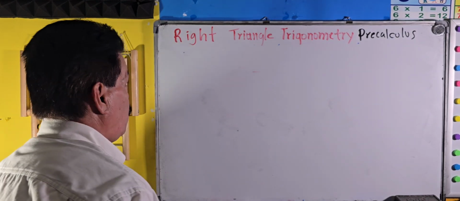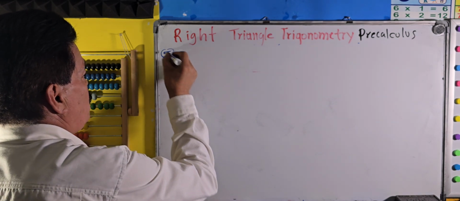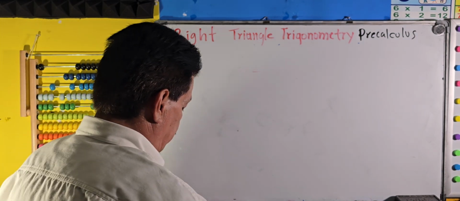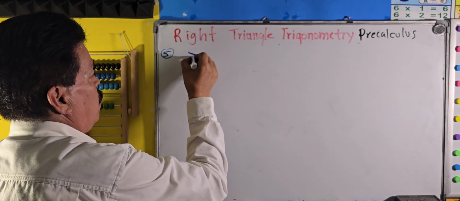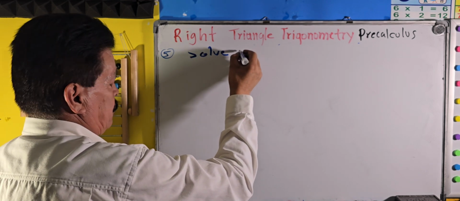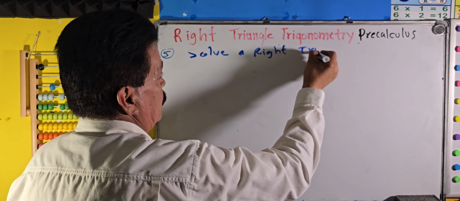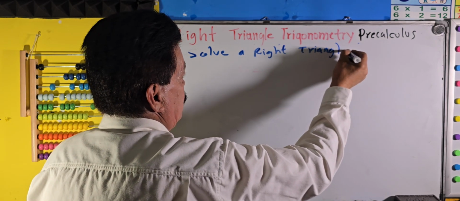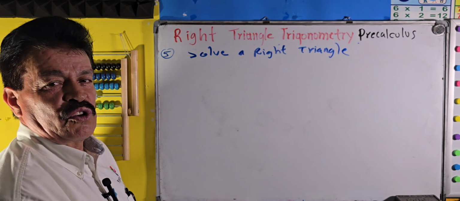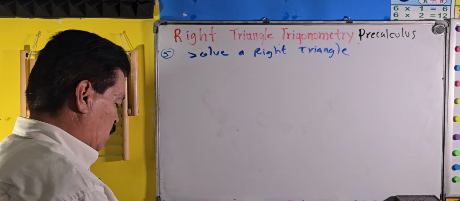It covers all sections. Section number 5, we're talking about solving a right triangle. Like a conclusion, like the last step.